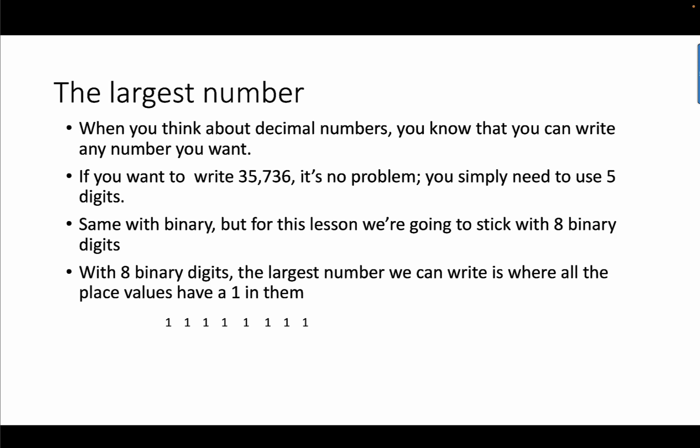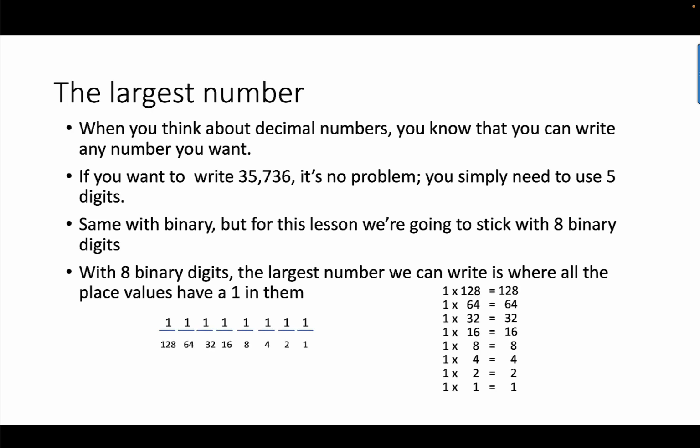With 8 binary digits, the largest number we can write is where all the place values have a 1 in them. So if we write the place values below and add them up, like we did with the previous slide, we can see that the total value is 255. So 11111111 in binary is equal to 255 in decimal.